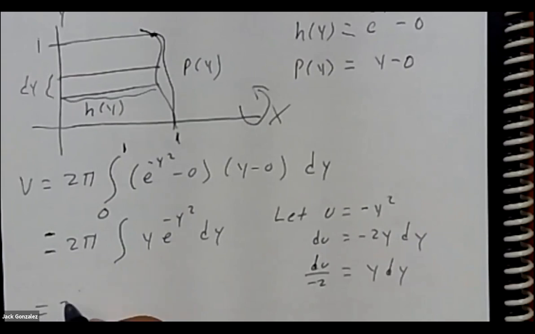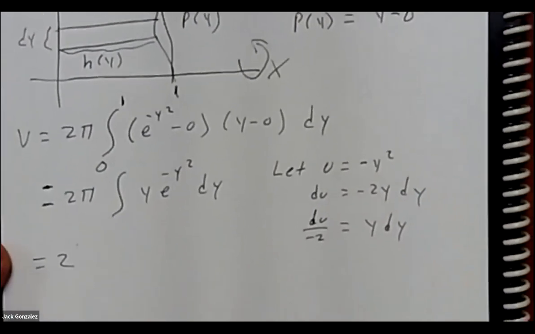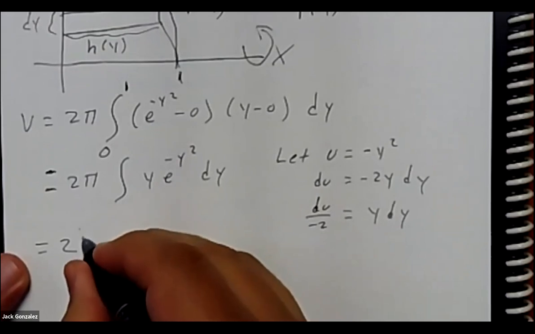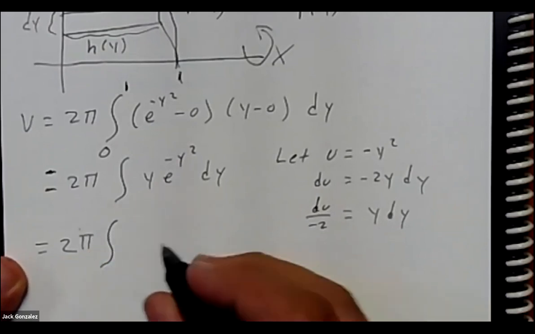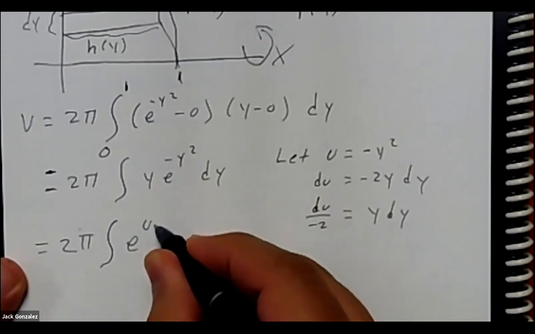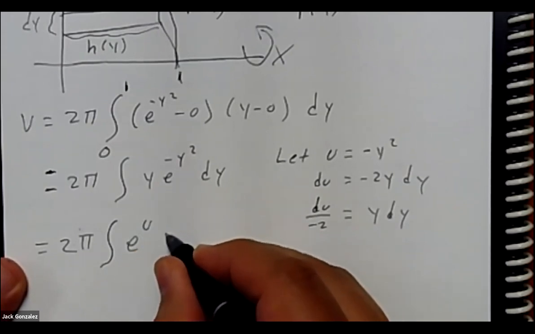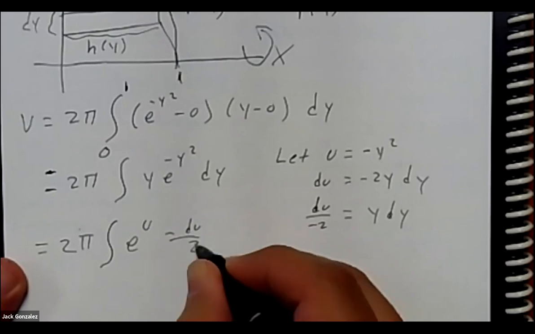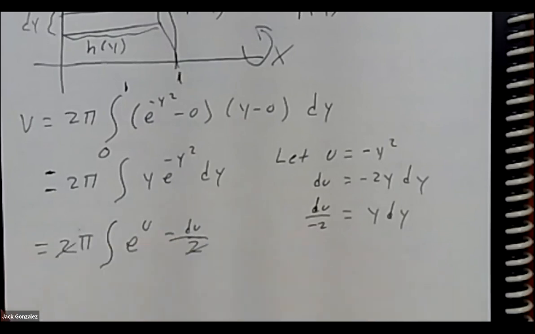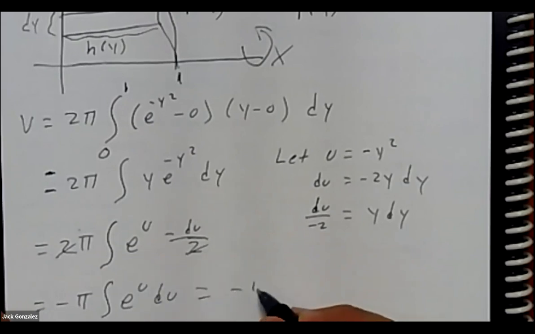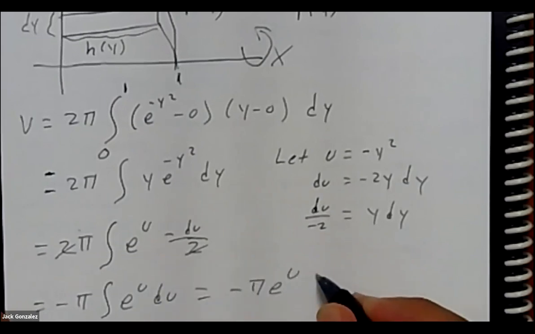So we have 2 pi times the integral of e to the u times negative du over 2. The 2 cancels, which gives me negative pi e to the u du, which is negative pi e to the u.